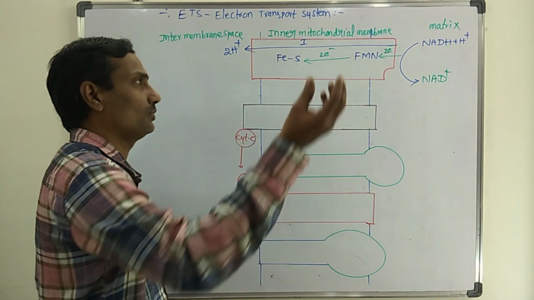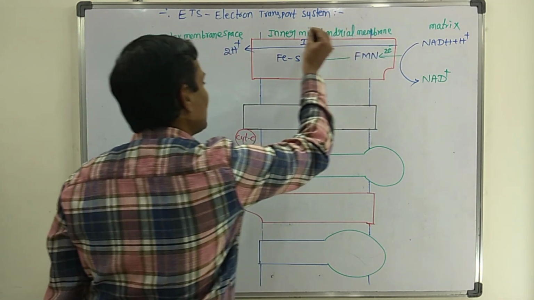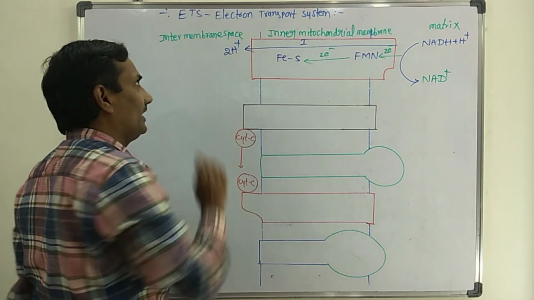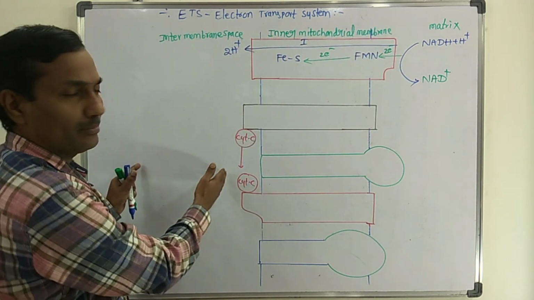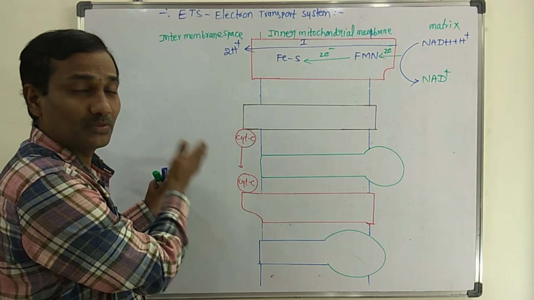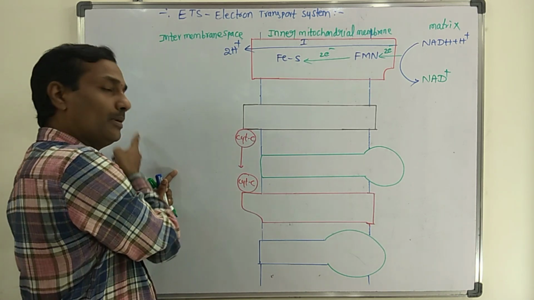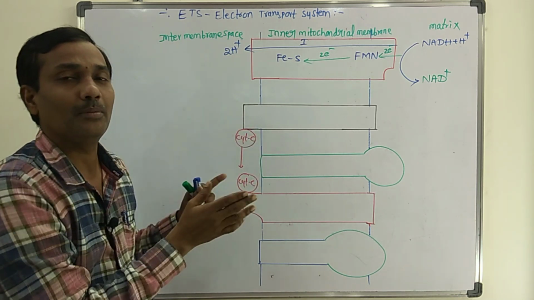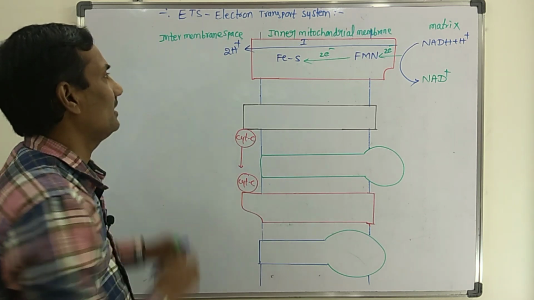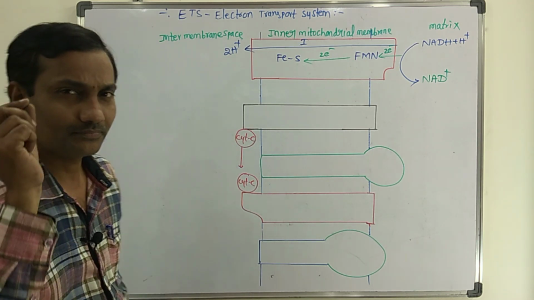That energy helps to transport 2 protons from the matrix to the intermembrane space. The intermembrane space is the space between the outer membrane and the inner membrane.